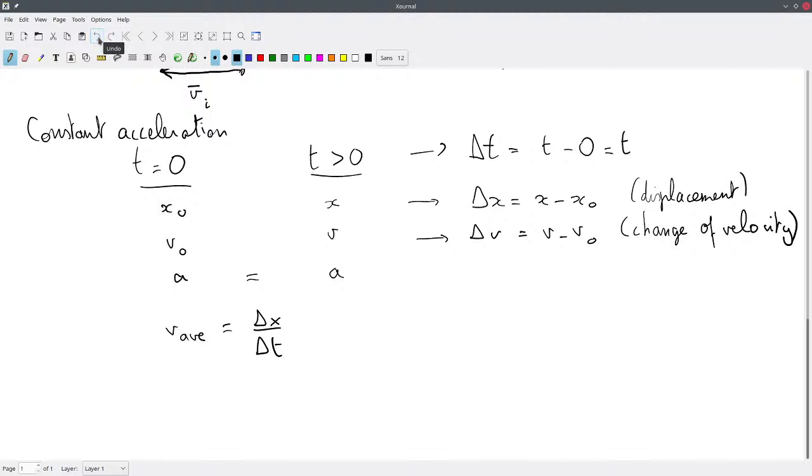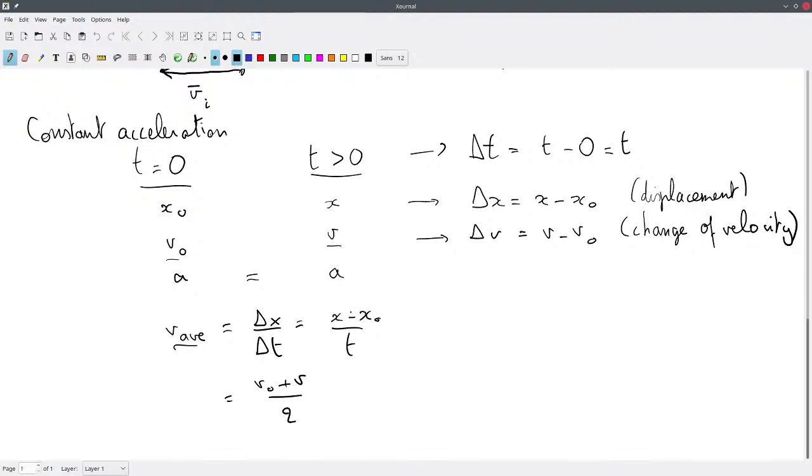So the average velocity is delta x over delta t, or x minus x0 over t. The average velocity is also equal to v0 plus v over 2, just the average of the velocities. The average velocity is the average of the velocity.